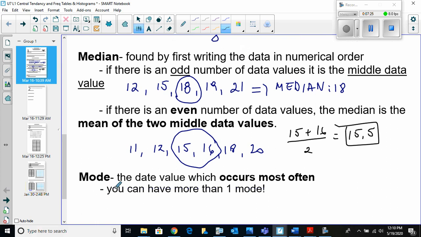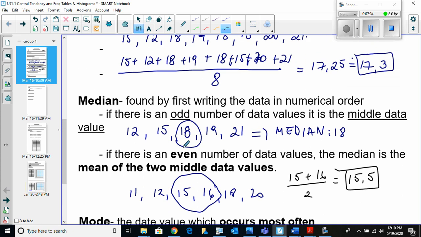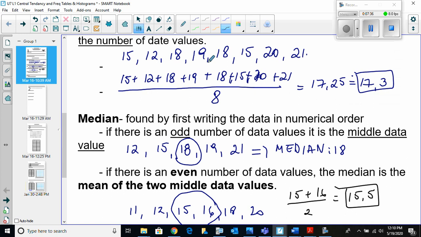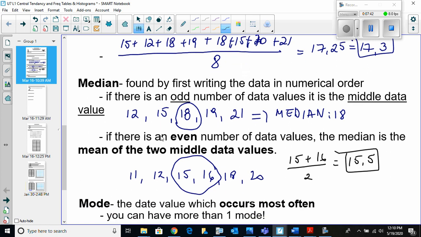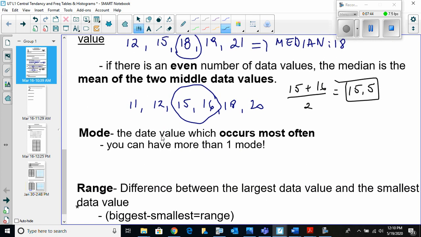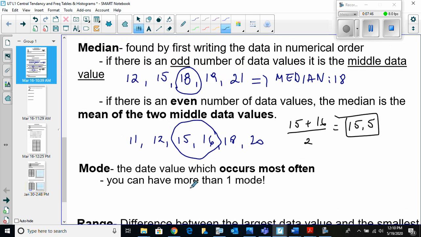And mode is the value that appears most often. Like in the first example that we have here, we have 15 twice, and 18 twice. And this is an example of the fact that we may have more than one mode, but we will not go into that. In that case, we will have a bimodal data collection.